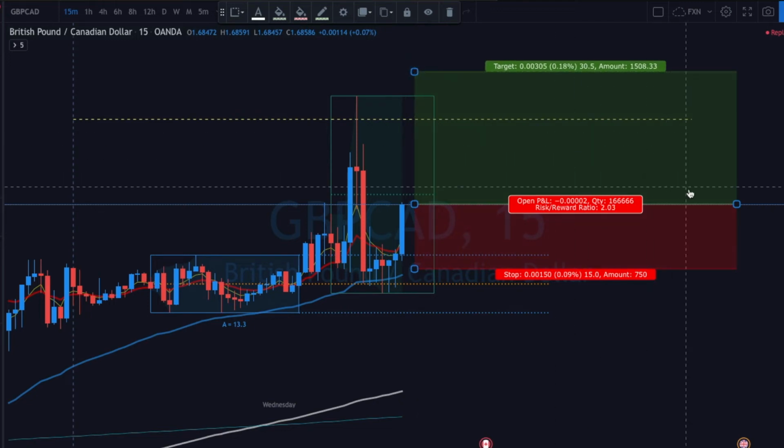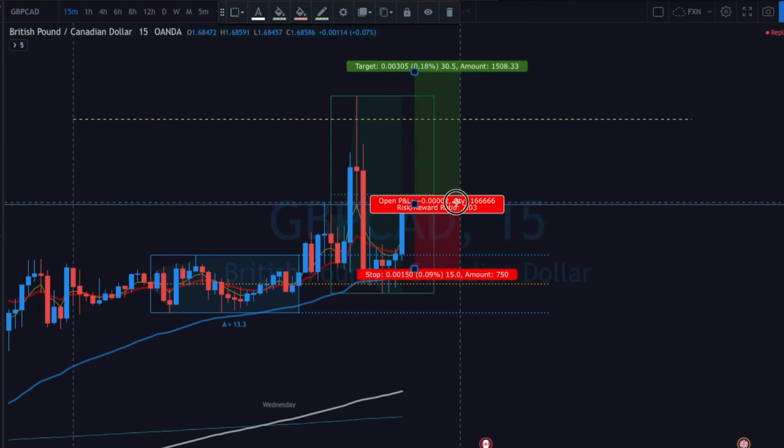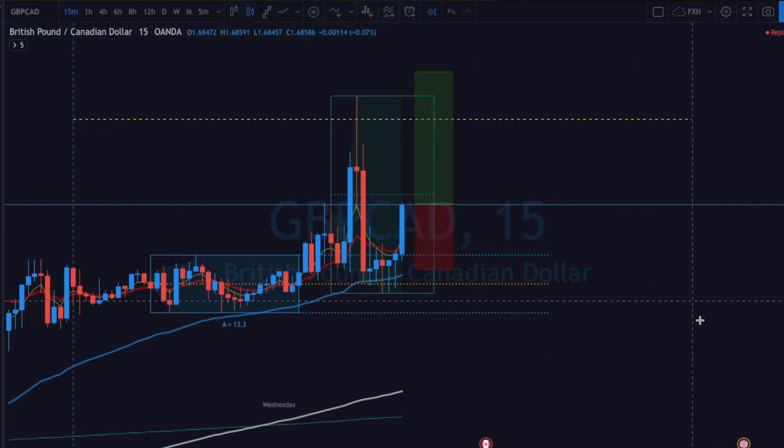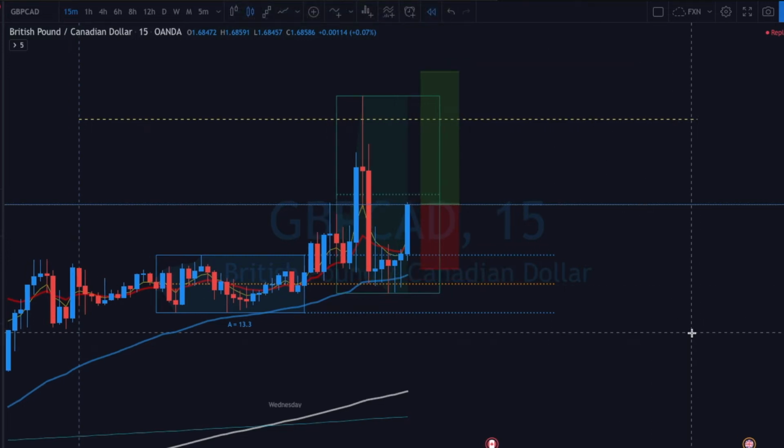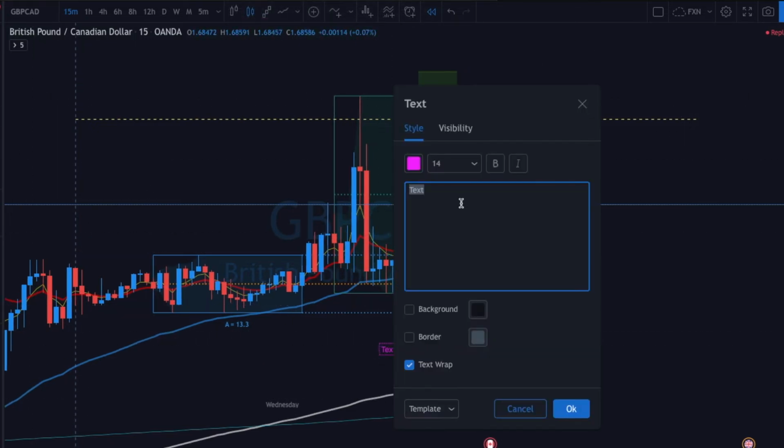You're trying to get to 30 pips up here, a 2-to-1 risk reward ratio. So a setup something like this. Let's see what happens. And by the way, you would put in what you're thinking here: type 3 setup.